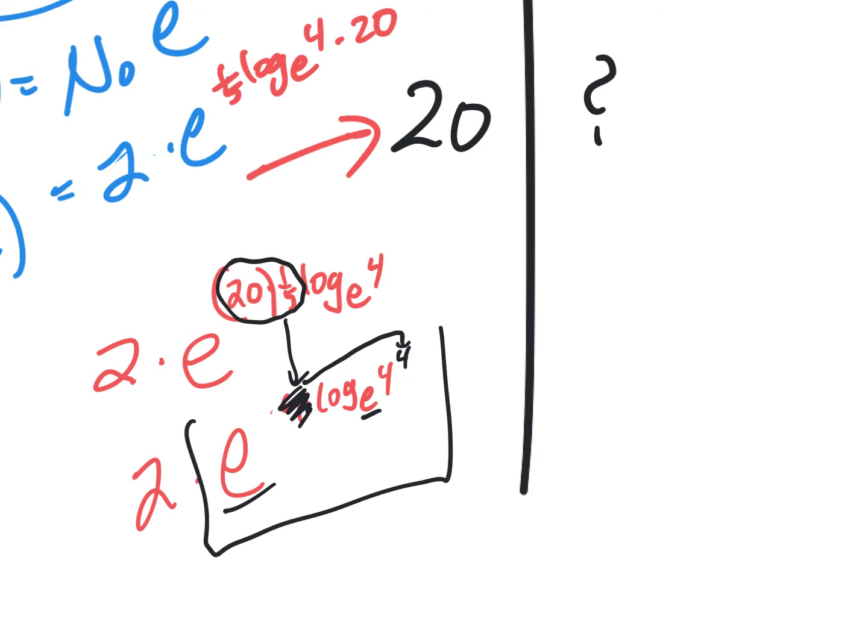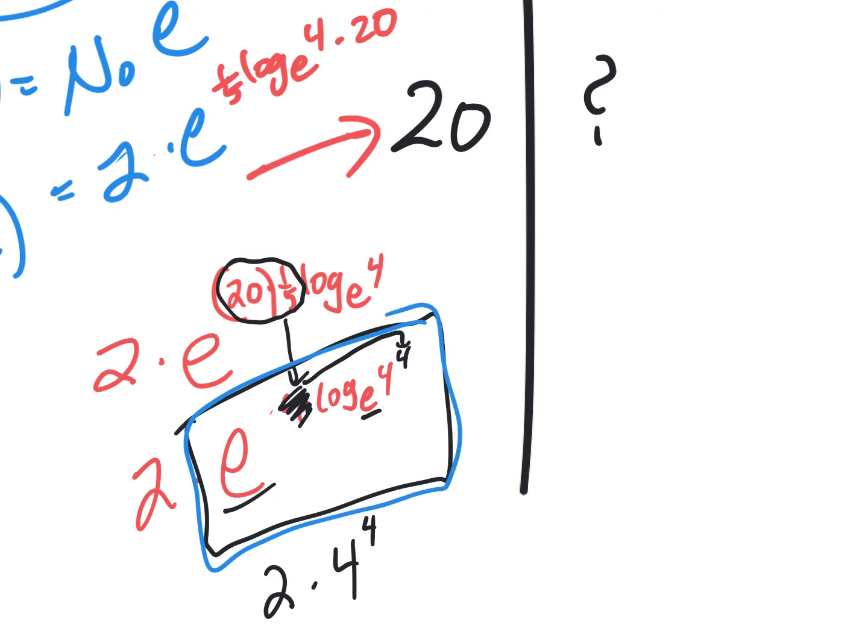And this part right here is its own little unit, and I can get it all figured out. And I do figure it out, and it's 4 to the 4th. So it's 2 times 4 to the 4th. Because this whole thing here can simplify down to just 4 to the 4th. And I don't expect you to know what 4 to the 4th is in your head.